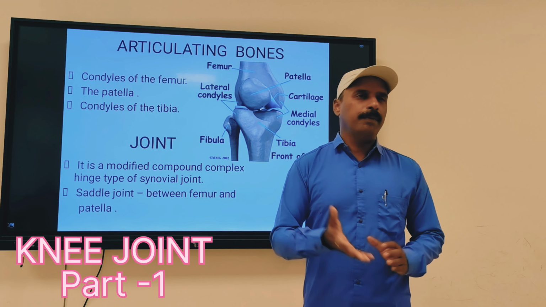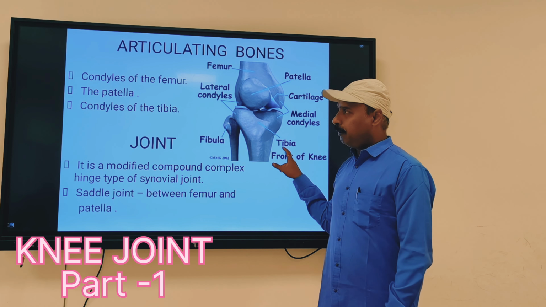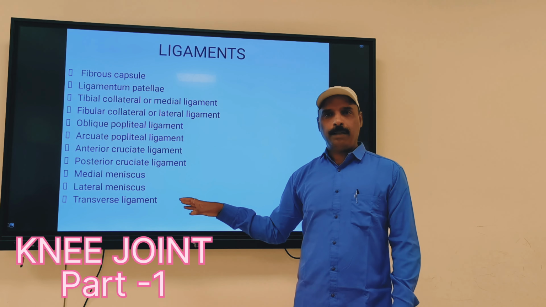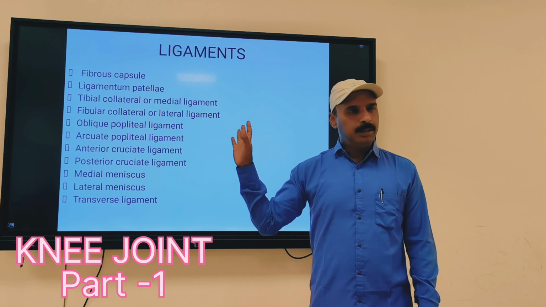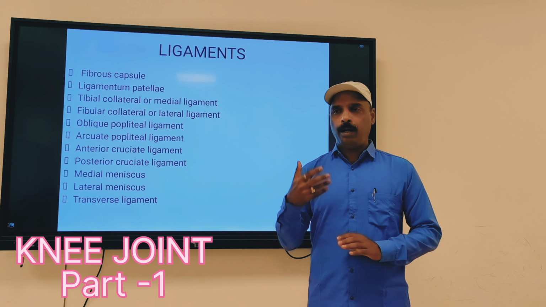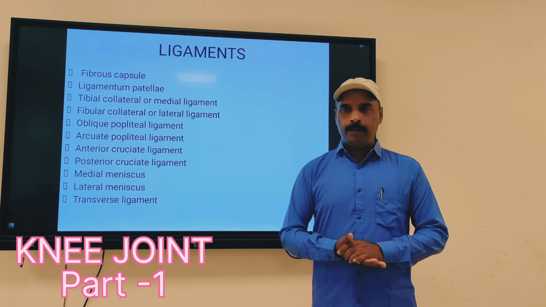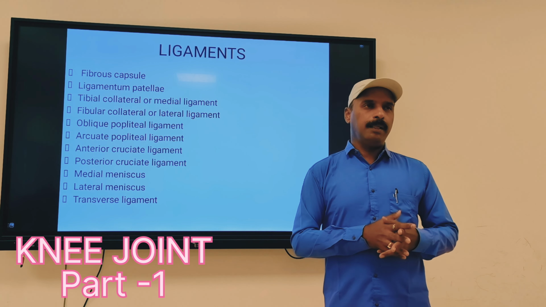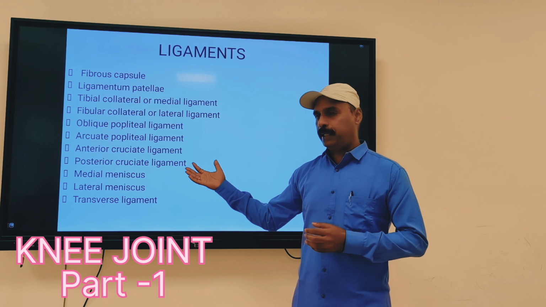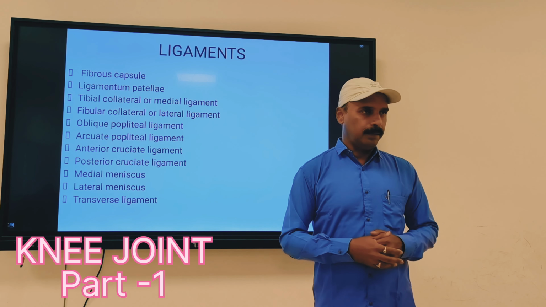This joint is a very weak joint, even though it is supported by all 11 ligaments. Even though these 11 ligaments are present, and we have more than 12 bursas, all these supporting structures are there, we are not going to call it a strong joint.